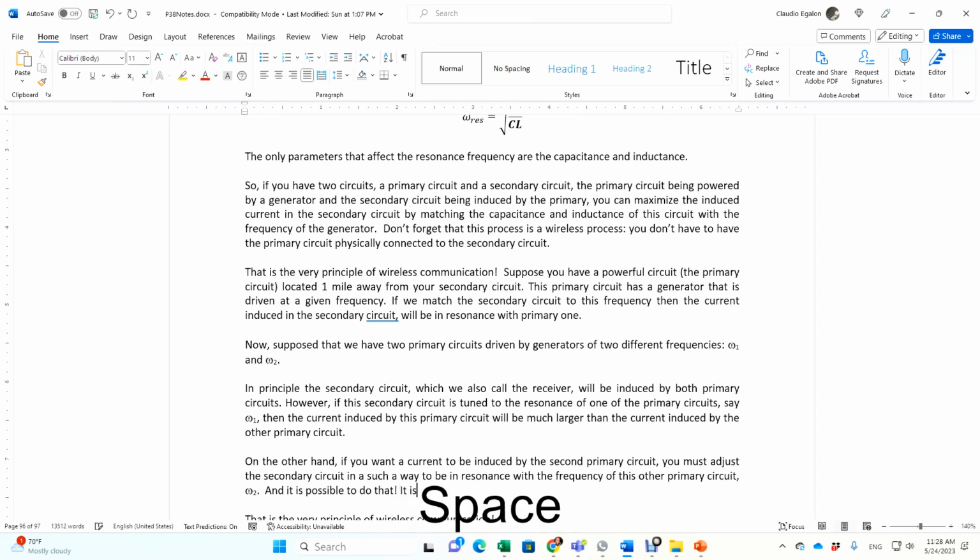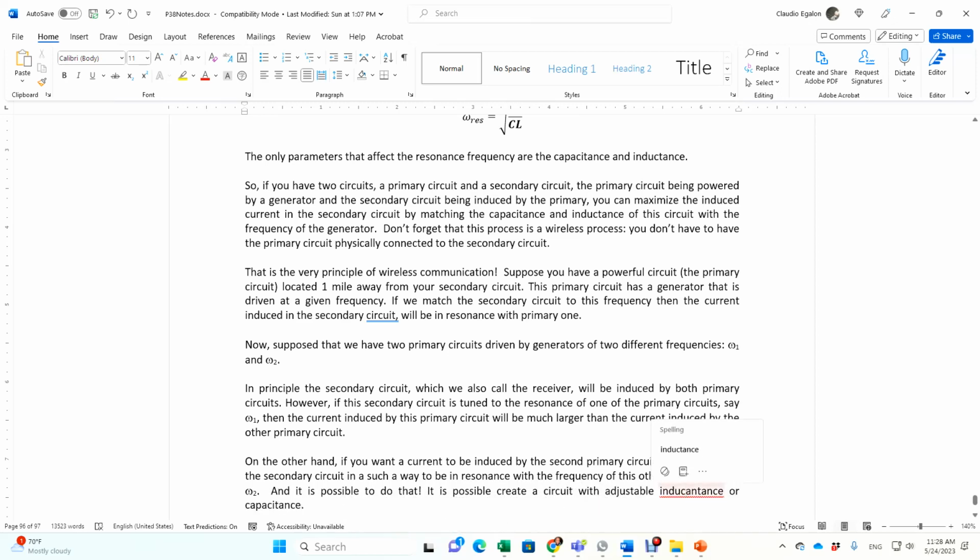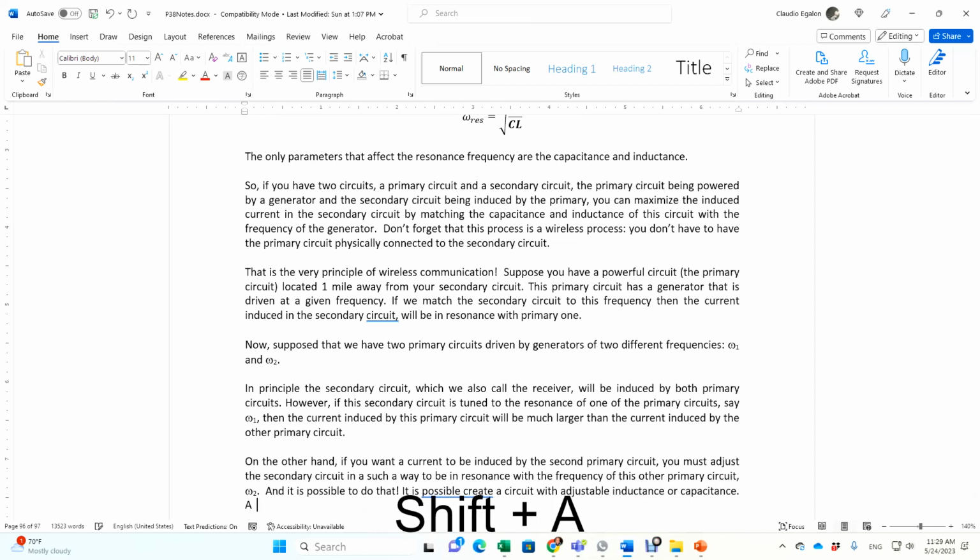It is possible to create a circuit with adjustable inductance or capacitance. And that's what your radio receiver is all about.